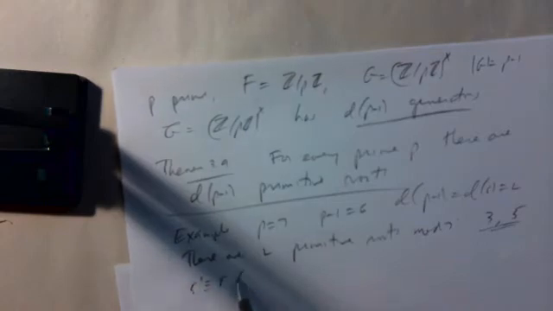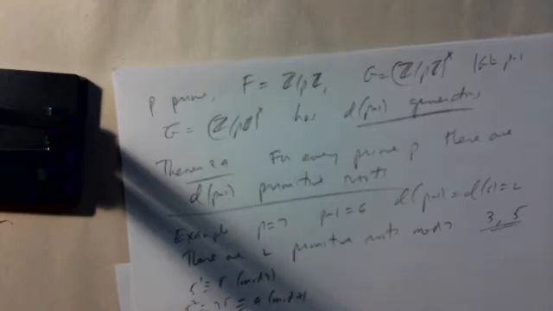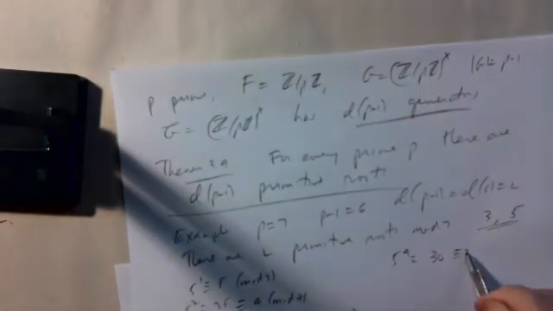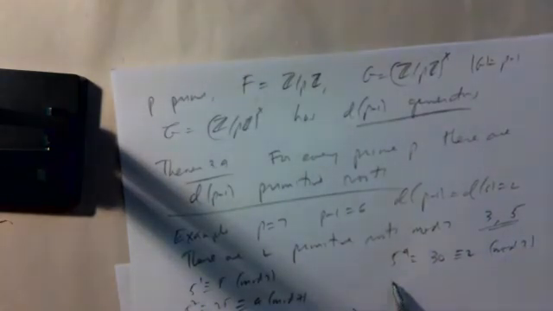5 to the first power is 5 mod 7. 5 squared is 25, which is 4 mod 7. 5 cubed is 125. Or it's 5 times 4, which is 20, but in any case, it's 6 mod 7. 5 to the fourth is 5 cubed times 5, that's 30, which is 2 mod 7. 5 to the fifth is 5 times 2 is 10, which is 3 mod 7.